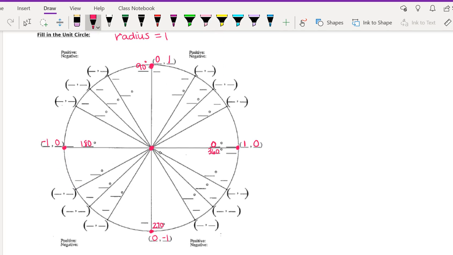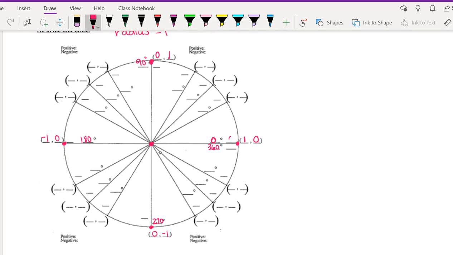So if I go back down here, I'm going to label these. This is 0 radians. This is also 2 pi radians, because one full rotation around the circle, remember circumference is 2 pi r, 2 pi radians. Okay, this is pi over 2. Here is pi, and this is 3 pi over 2.